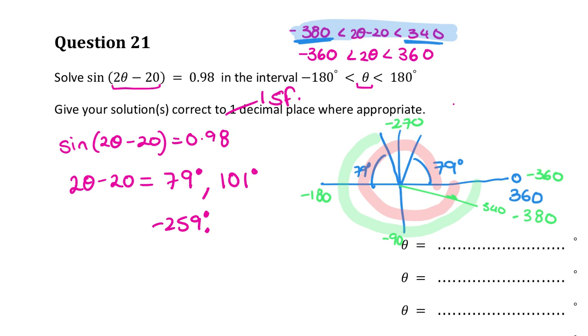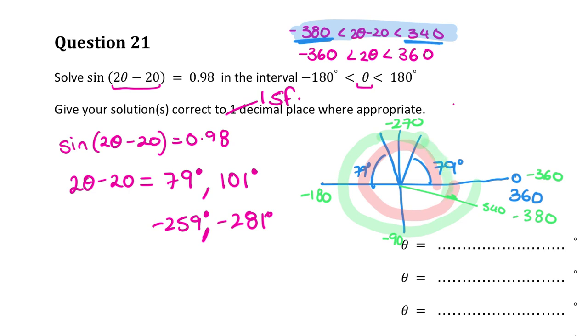Then I'll keep going round and I have another interval here. This one is technically minus 360 plus 79 degrees. So minus 360 plus 79 degrees is minus 281 degrees, and then I'll keep going round and stop when I get to minus 480.